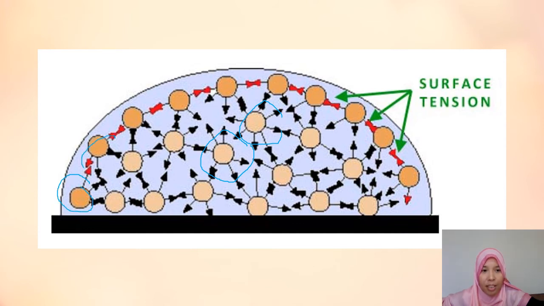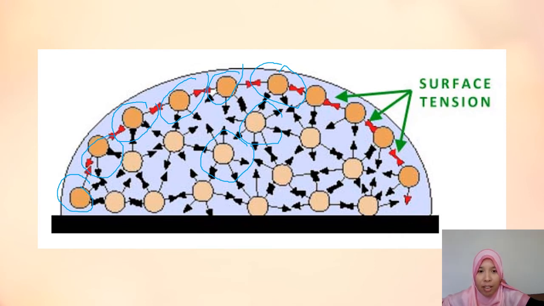The ones at the edge have no water molecules in front of them, so they tend to tightly hold onto one another. One water molecule holds tight to the one next to it because there are no water molecules in front, right?